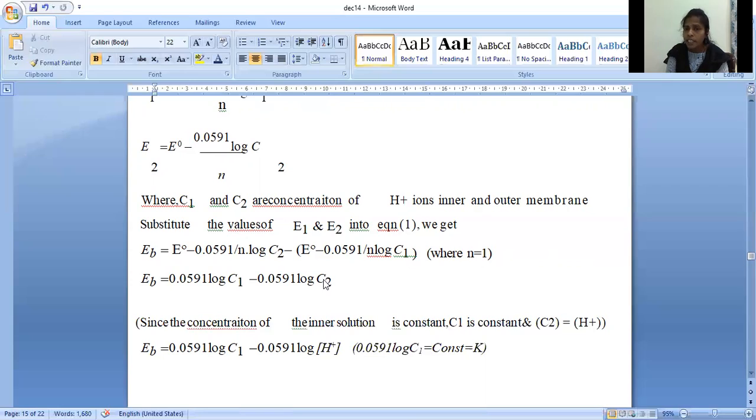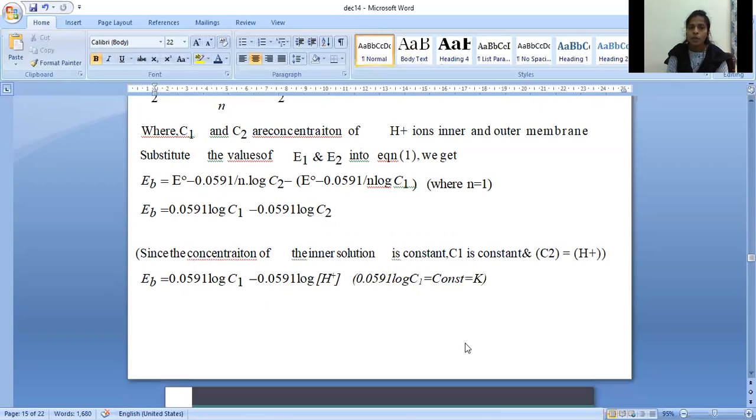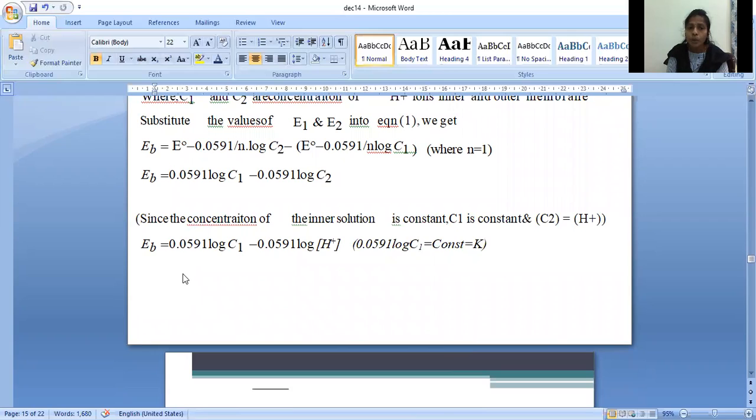Let us substitute here: 0.0591 log C1 minus 0.0591 log H plus ion concentration. But this part is equal to a constant, which we are assuming as K. So we can simply write EB is equal to K minus 0.0591 log H plus ion concentration.